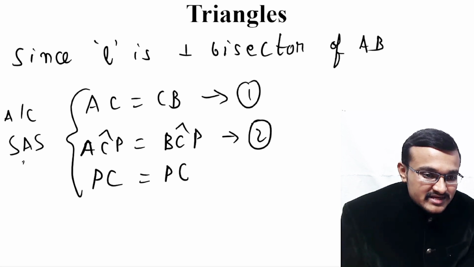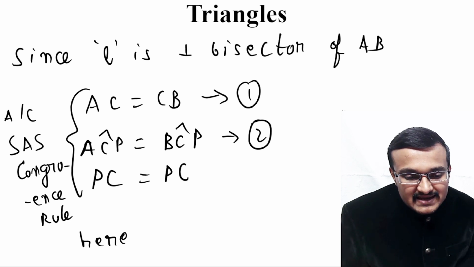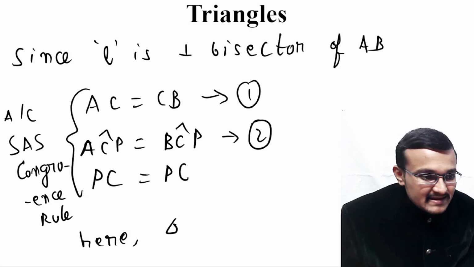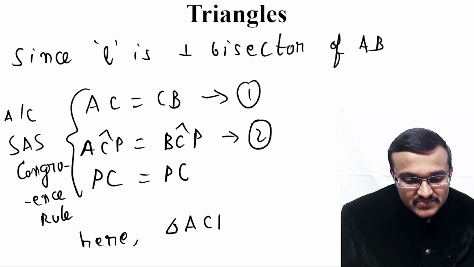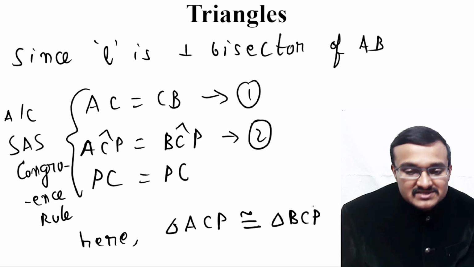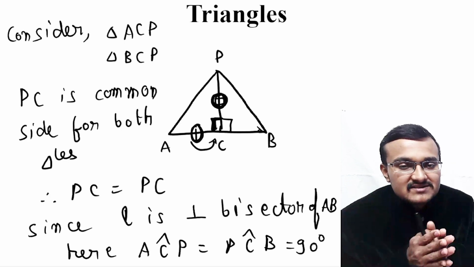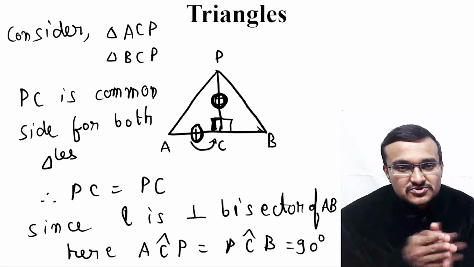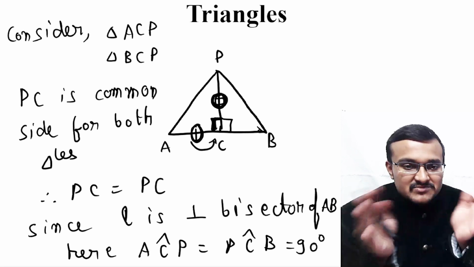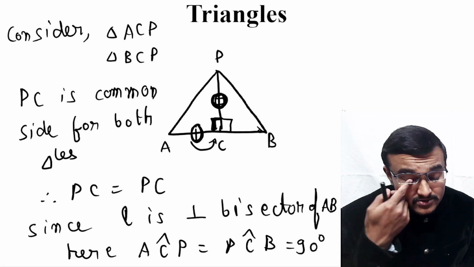So according to the SAS congruence rule, triangle ACP is congruent to triangle BCP. Since these two triangles are congruent with each other, all corresponding sides and all corresponding angles of these two triangles should be equal to each other.